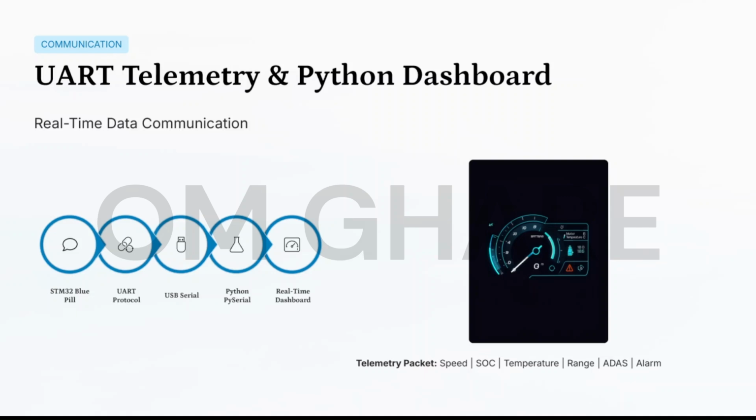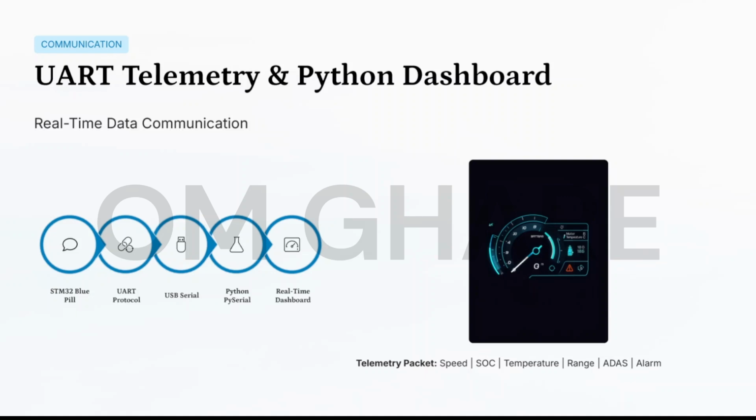The UART data is then transferred over a serial connection to the computer, where a Python application continuously listens for incoming packets using the PySerial library. After receiving the data, the application extracts parameters such as vehicle speed, battery SOC, motor temperature, driving range, ADAS status, and alarm information.